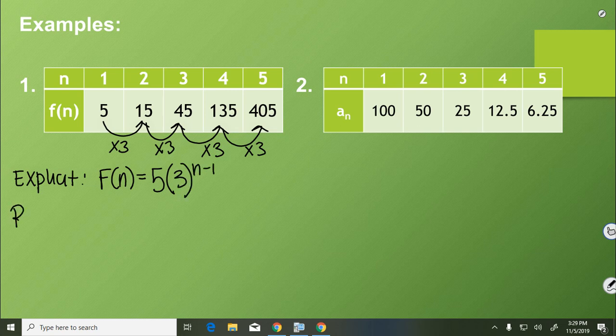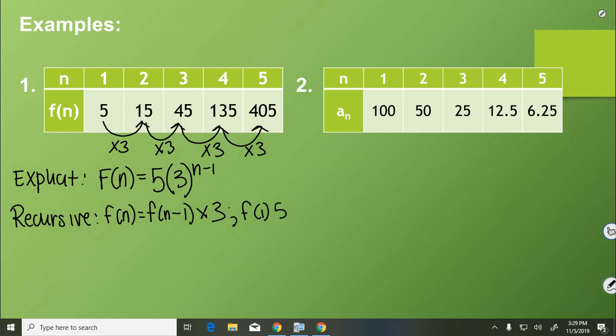And recursively, this would be f(n) = f(n-1) times 3, where the first term is 5. So if I plug in 5 here for that whole thing, 5 times 3 gives me 15, which is the second term. And if I plug in 15 there, 15 times 3 gives me 45, which is the third term, and so on.